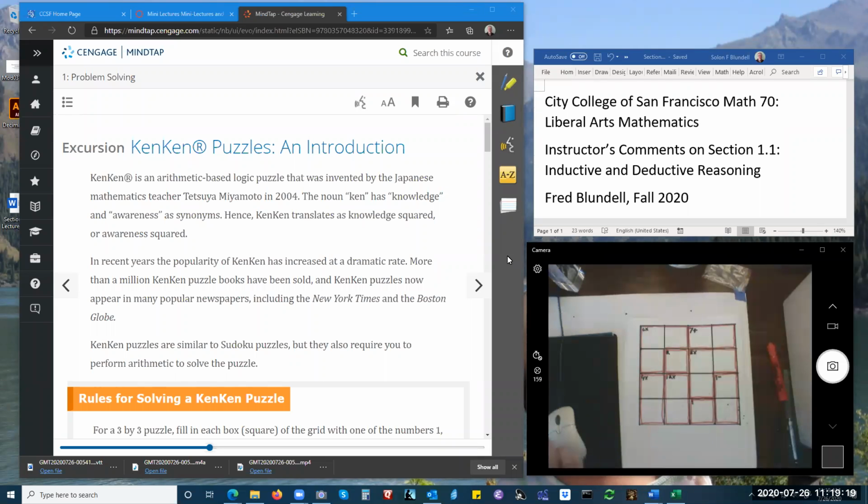So at the end of section 1.1, there's this excursion on KenKen puzzles, and there's a homework exercise to do a few of these. So I thought I would just illustrate how to do one of them. It's helpful actually with the Venn diagram problems that we're going to do later on in the semester.